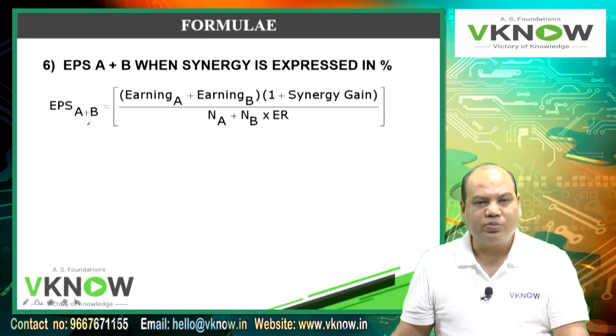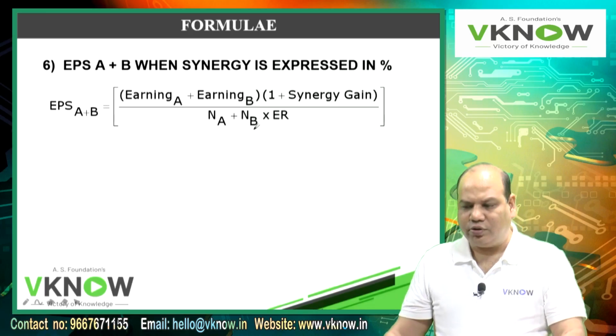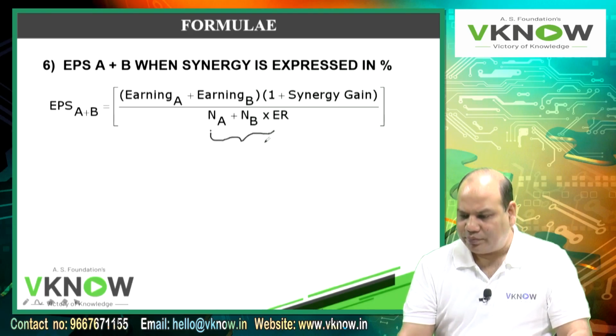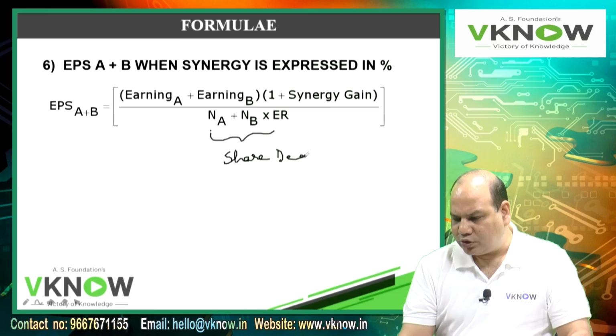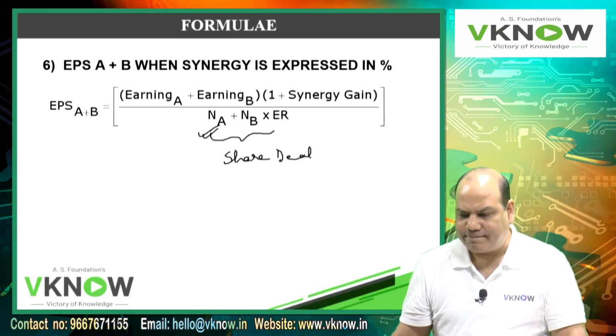Then the post merger EPS will be earnings after tax of A plus earnings after tax of B into bracket 1 plus synergy gain, divided by number of shares of A plus number of shares of B multiplied by exchange ratio in case of share deal. If it is a cash deal, then you just have to write in the denominator number of shares of A.